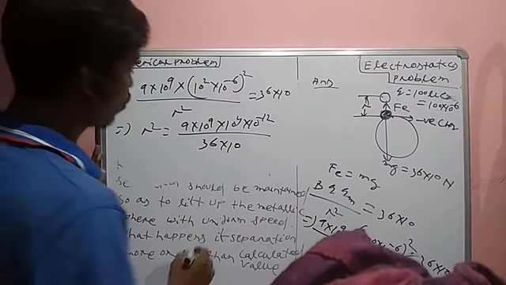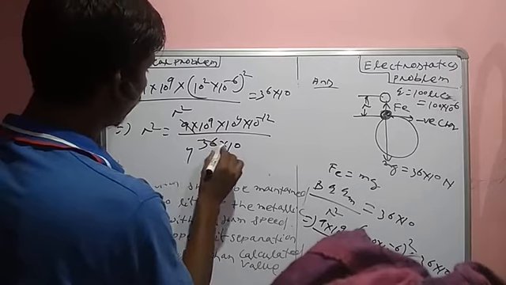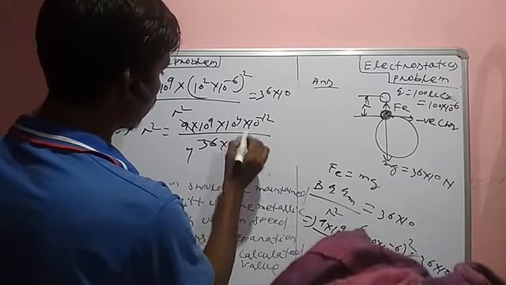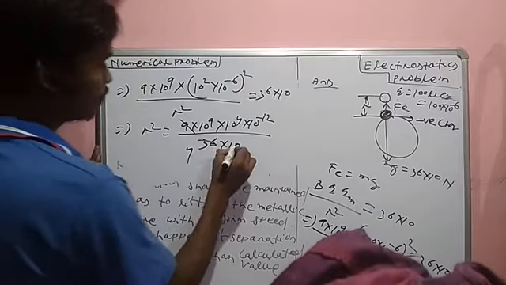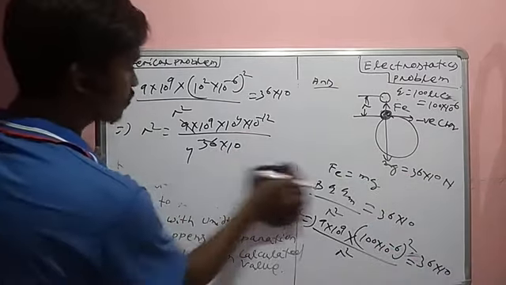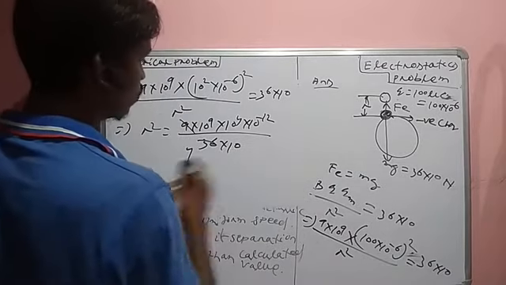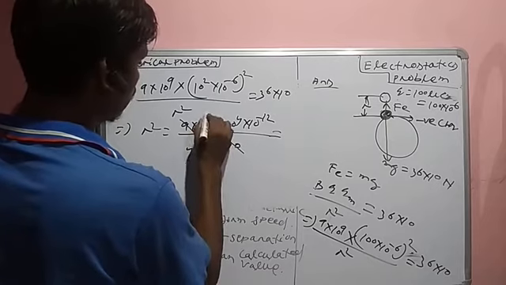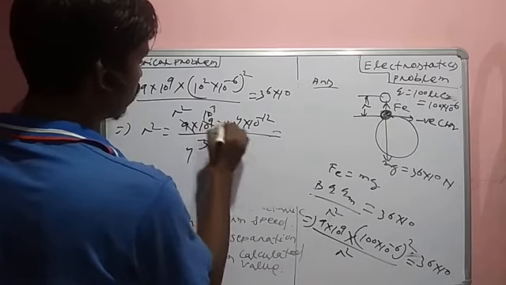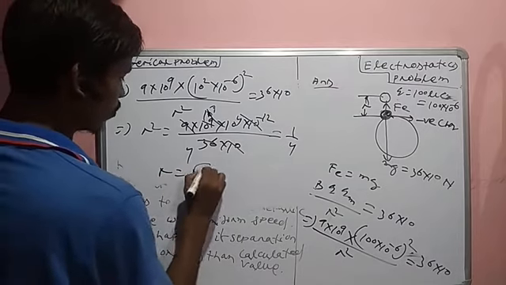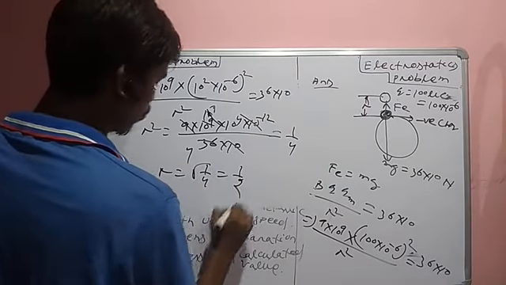This gives 1 by 4. That means r is equal to root over 1 by 4, which is 1 by 2.